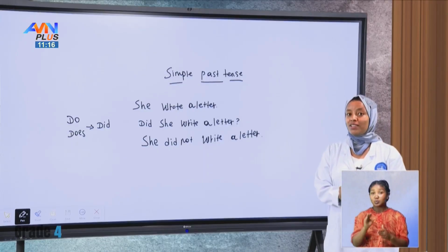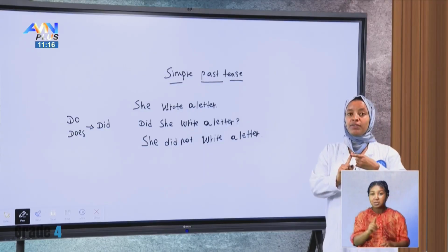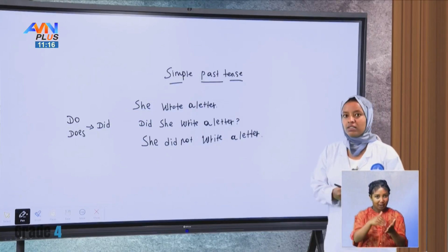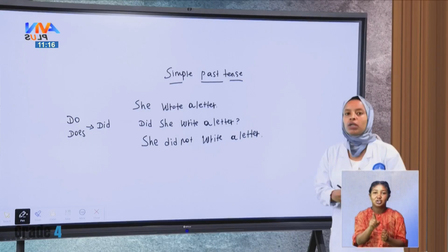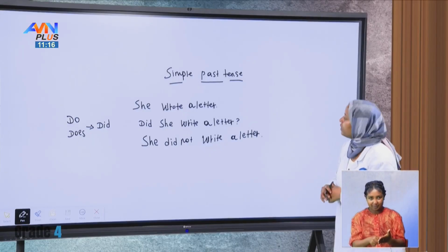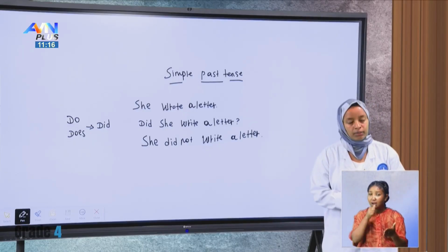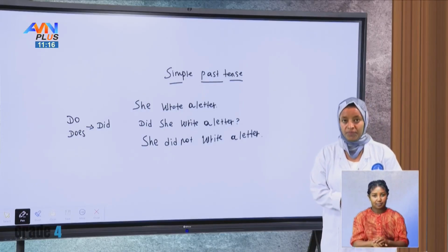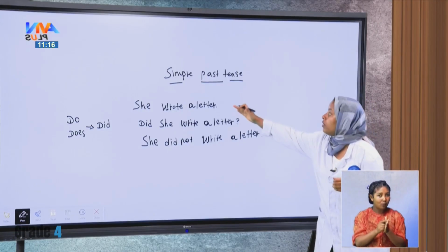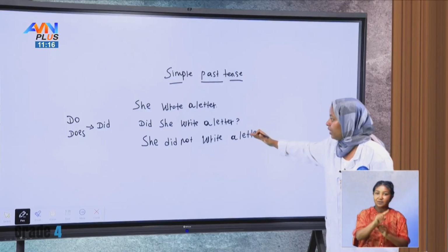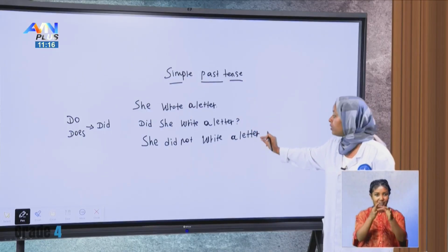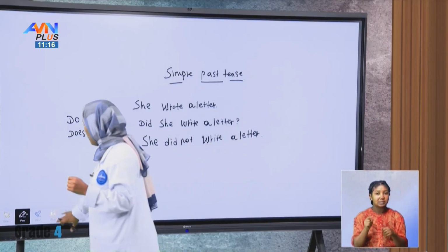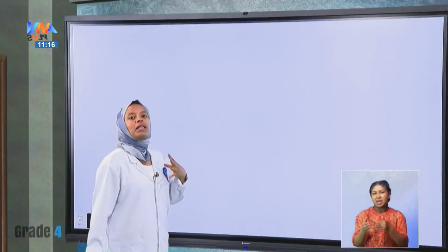We are constructing how many sentences? 3 sentences using affirmative, interrogative, and negative forms. Let us read the sentences together. She wrote a letter. Did she write a letter? She did not write a letter. This is an example of affirmative, interrogative, and the next one is negative. So we can use did easily for simple past sentences.